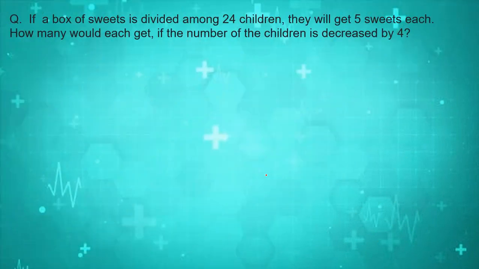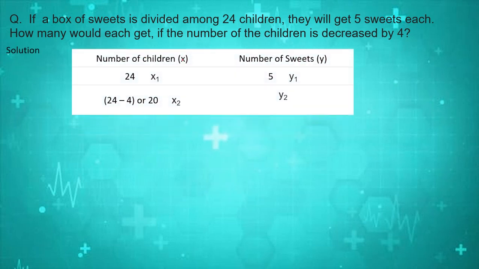Let us consider a problem based on inverse proportion. If a box of sweets is divided among 24 children, they will get 5 sweets each. How many would each get if the number of children is decreased by 4? Here, when we arrange this problem in tabular form, we denote the number of children by x, and the number of sweets by variable y.